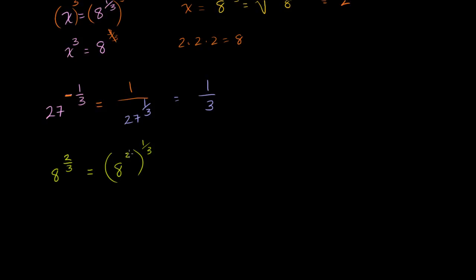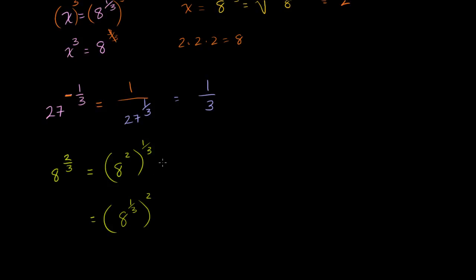How do I know that? Well, if I multiply these two exponents, this is 2/3. So 8 to the 2/3 is the same thing as 8 squared, and then the third root of that. But you could view it the other way. This should also be equal to 8 to the 1/3 power squared.